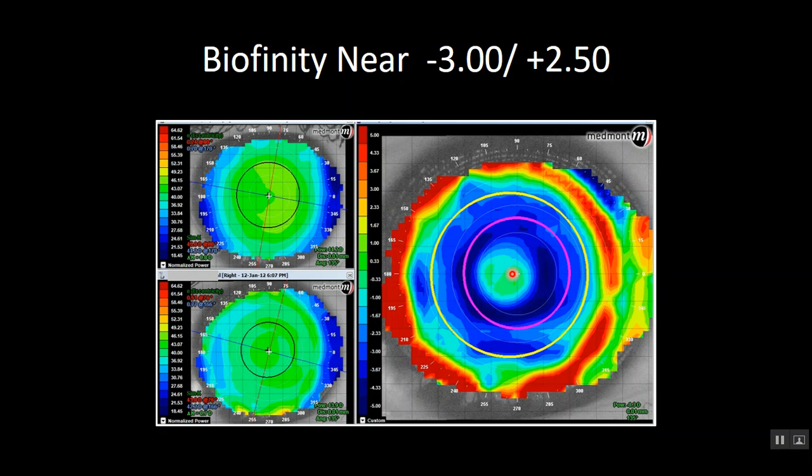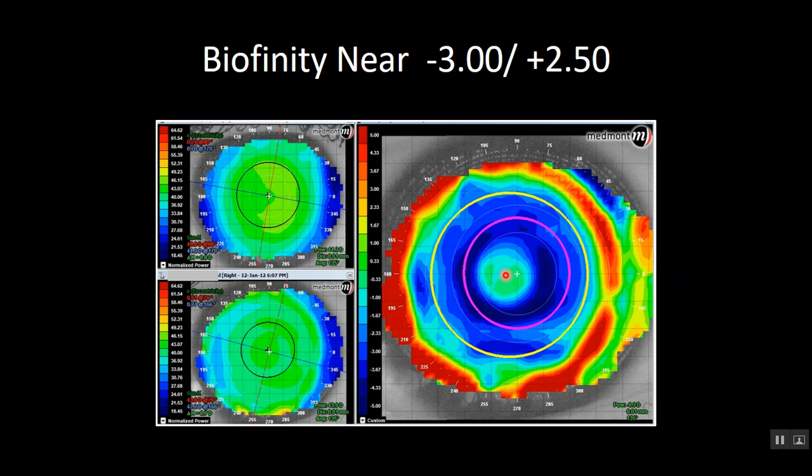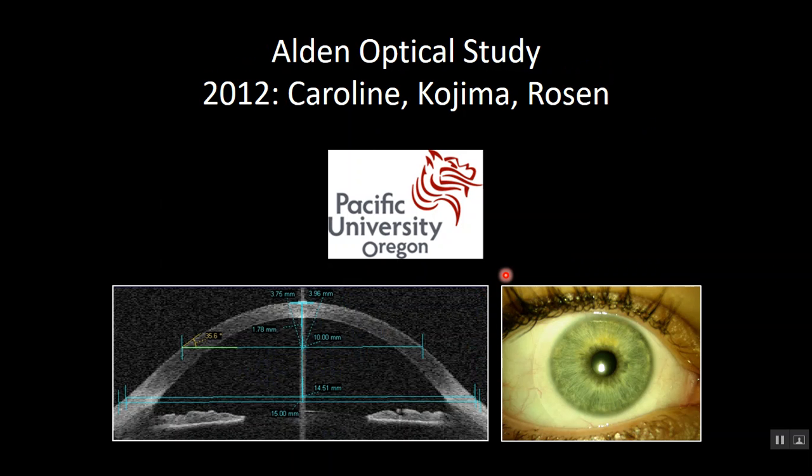Line of sight here, center of the optic axis, about a 0.5 millimeter difference. So there's this differential between the line of sight and where our contact lenses are positioning. And that may be one of the challenges to why we see so few patients in multifocal contact lenses.